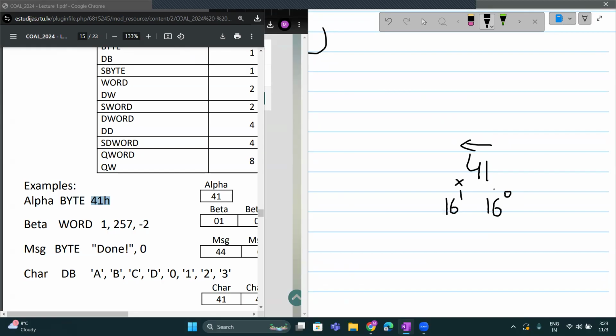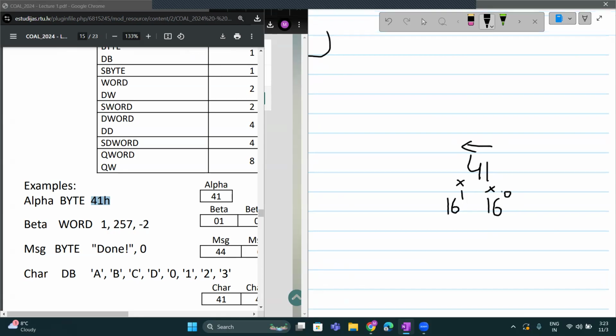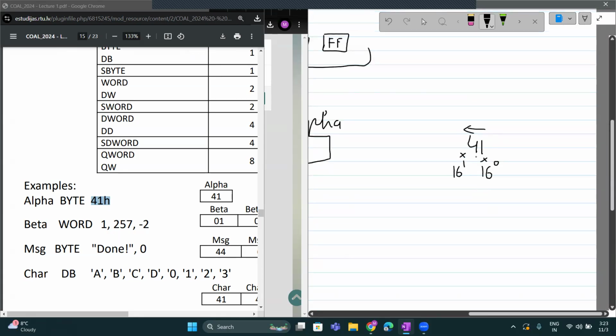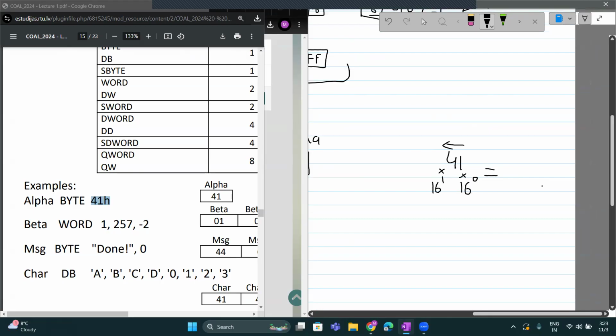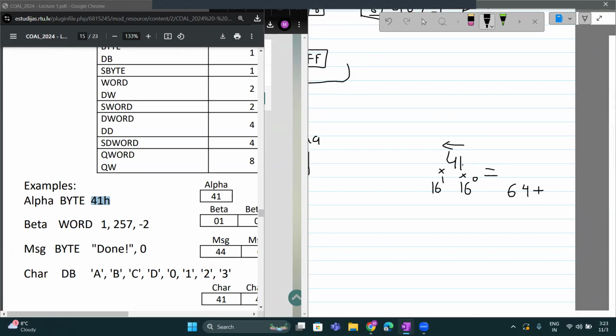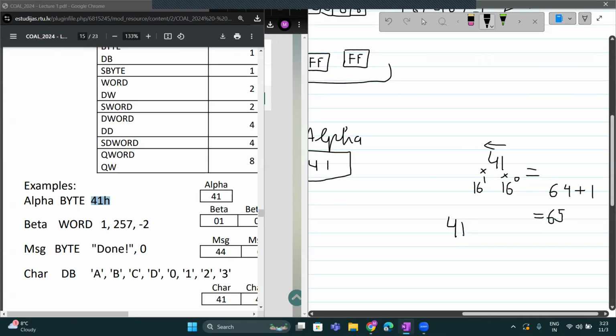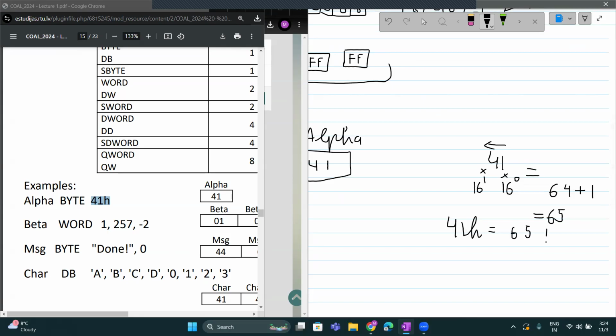And we multiply these digits as coefficients. So 4 times 16, that is 64, plus 1 times 16 to the power 0, which is 1. So 64 plus 1 is 65. What it means is that 41H is basically 65 in decimal format.